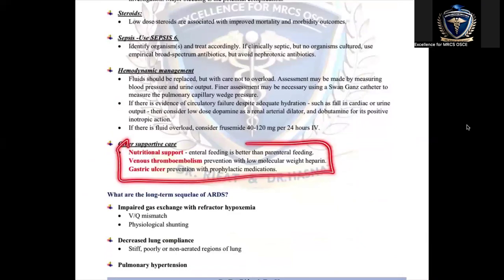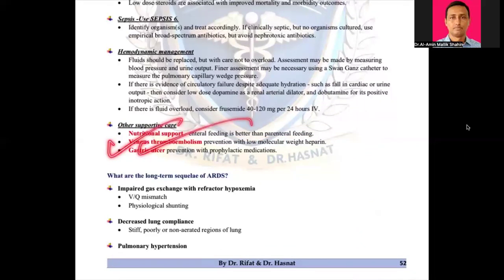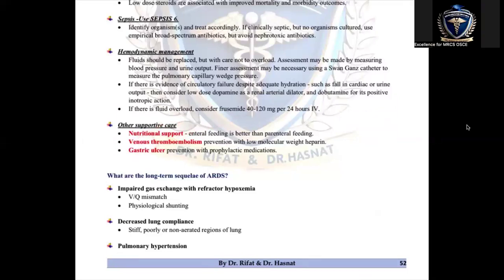I have mentioned what foods we would like to avoid in this patient: avoid carbohydrate-containing food and add fat, omega-3 and omega-6 fatty acids like linoleic acid, and eicosanoids.